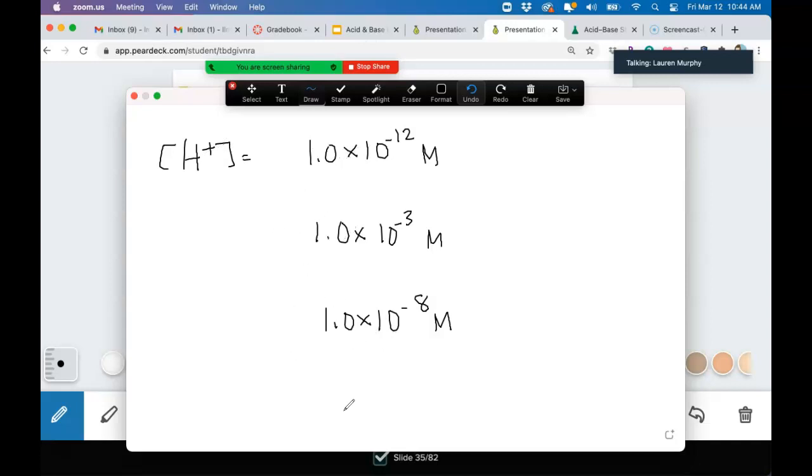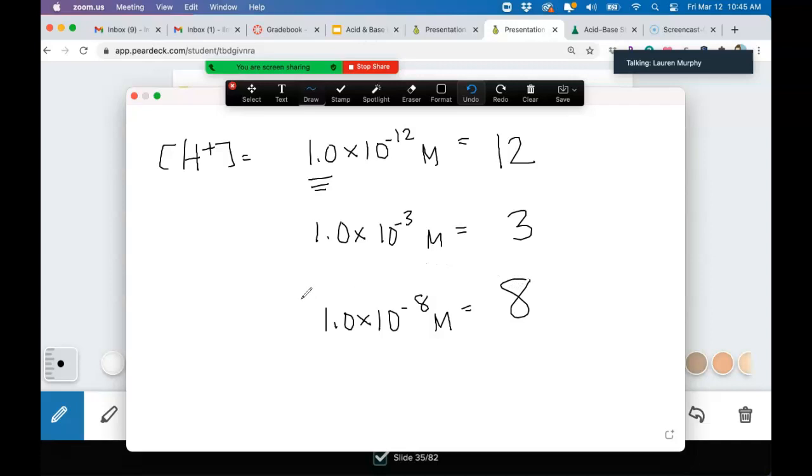I want you to find the pHs of these solutions. So pH is opposite the log of H. I'm doing this on purpose. So you should notice that the numbers are just the exponent, the positive version of the exponent. So if the number out in front is a perfect 1.0 times 10 to the negative 12, the pH is just the exponent.